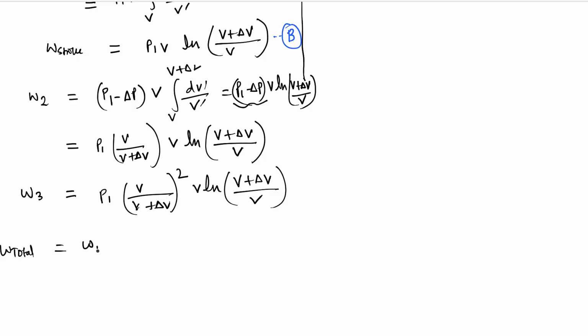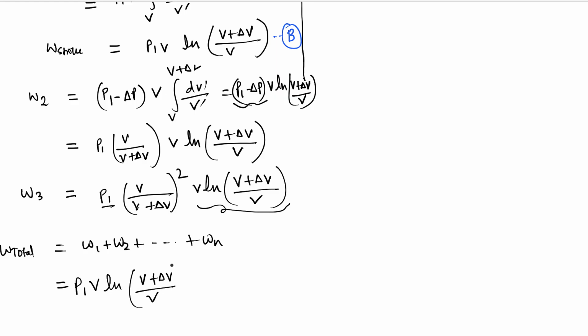So total work done will be W1 plus W2 plus W3, and so on. And we know that this part is constant, so we can take this out, since it is there in all the expressions. And then we are left with something which is V by (V + delta V).